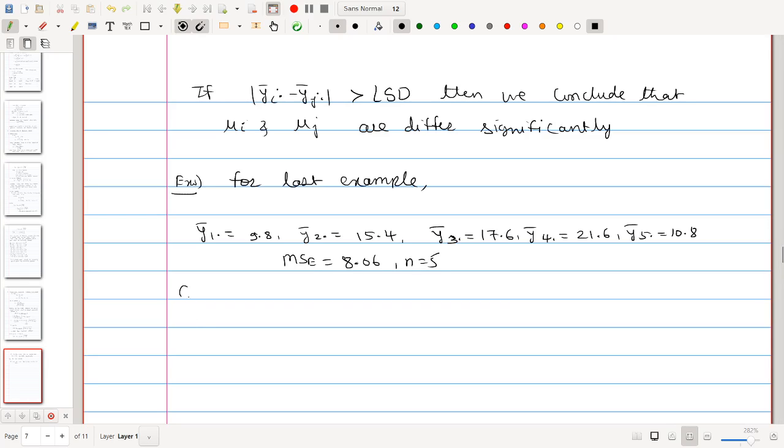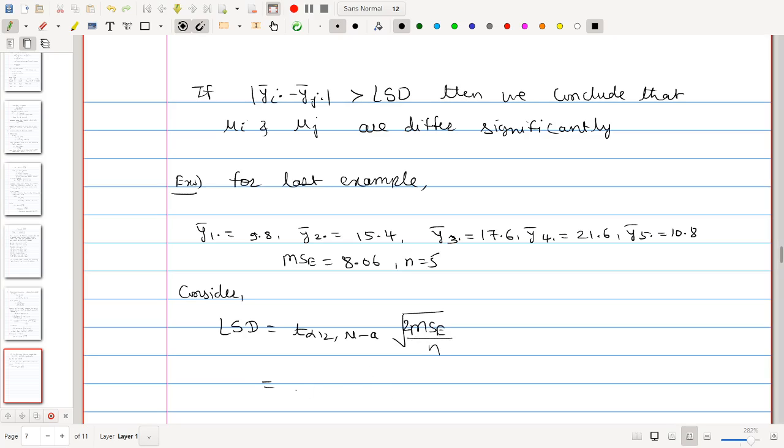The ni's are the same, so use this formula for LSD: LSD is t alpha by 2, comma, error degrees of freedom, times the square root of 2 times MSE upon n.